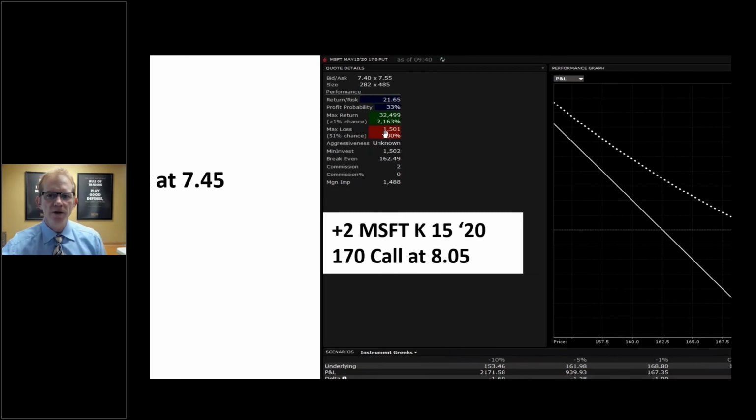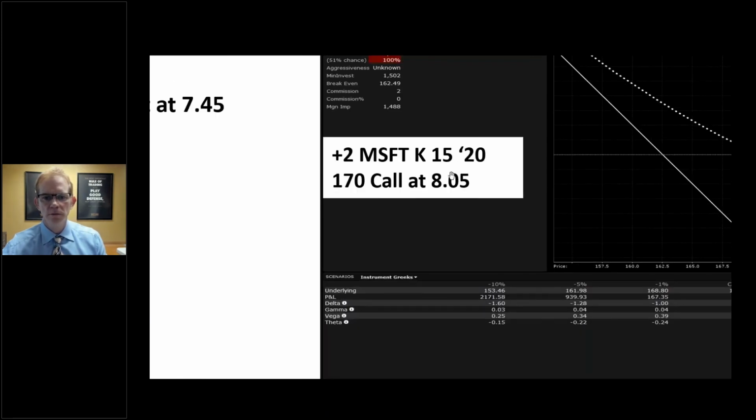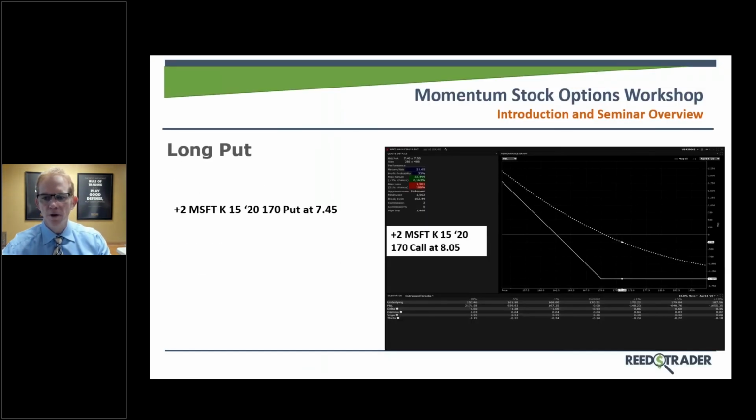We can see that max loss is 1,501, with a 51% chance of losing the max amount. And the margin implication, the margin you have to put up, is $1,488.